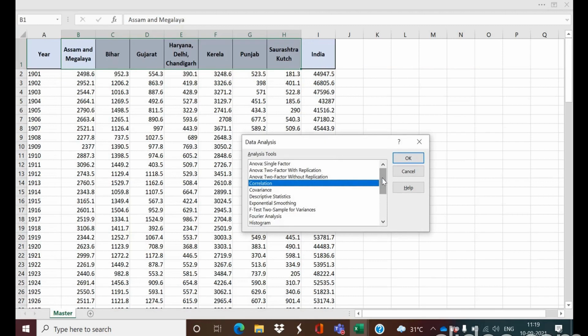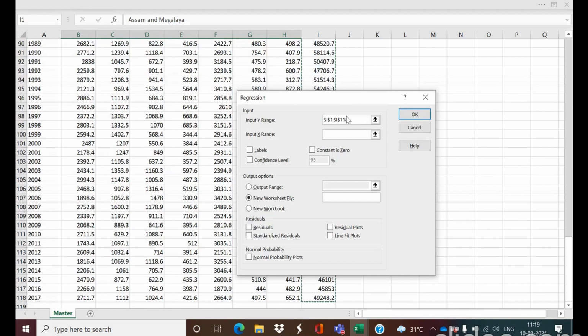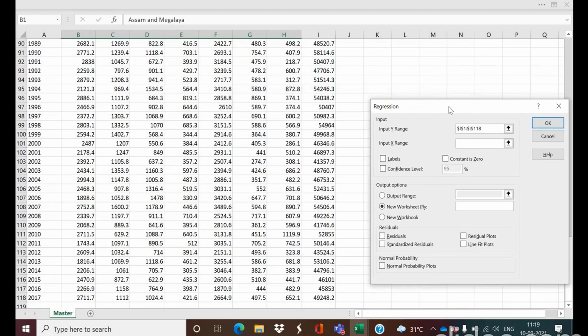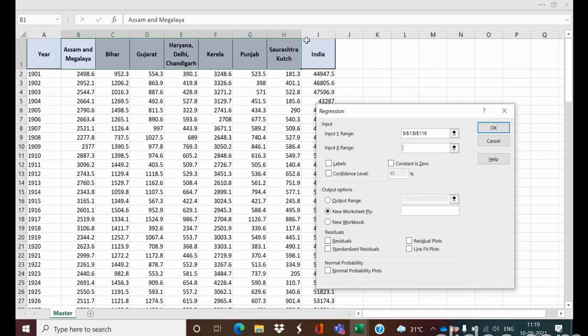Regression. Input Y range. What will you put, Saurabh? Y range, sir, is India, the dependent variable. Y range is always India. So take India, including the labels. Input X range: take the first three states, which are Assam, Bihar, Gujarat.